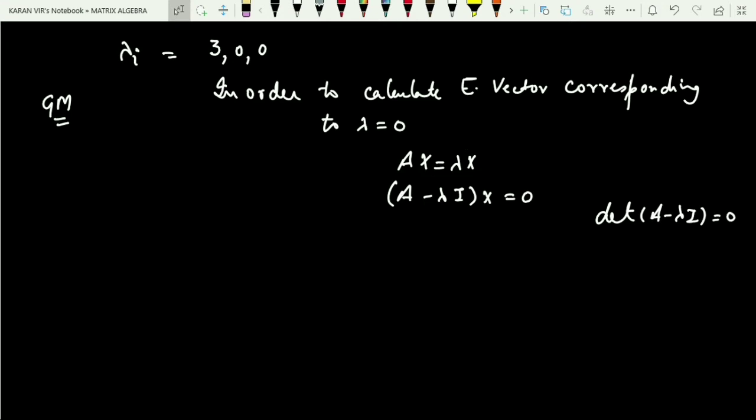Now, for lambda equals 0, just put lambda equals 0 here.